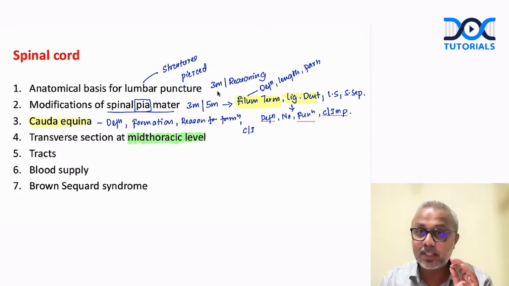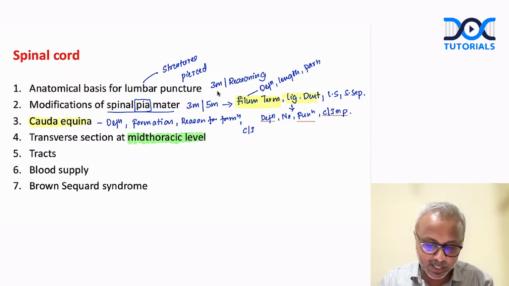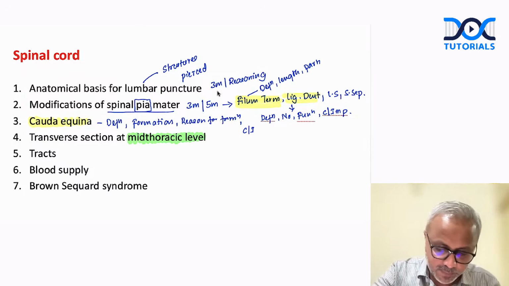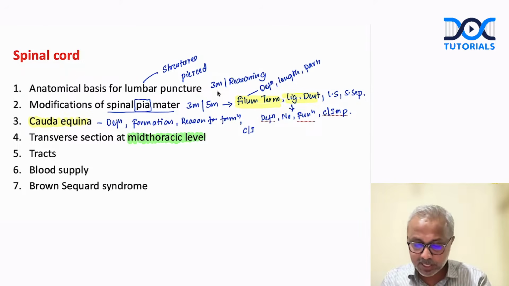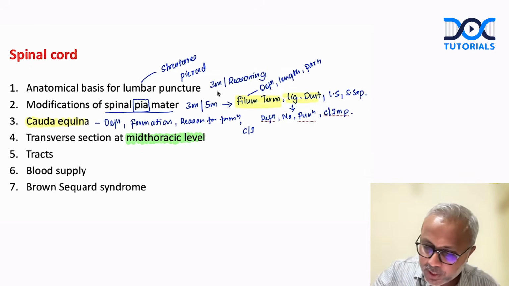Where the examiner is asking you to draw the diagram is very important. Let's try to understand why this is so. If the question is on the diagram of transverse section of spinal cord at mid-thoracic level, how will we do it? Let's try to draw it.